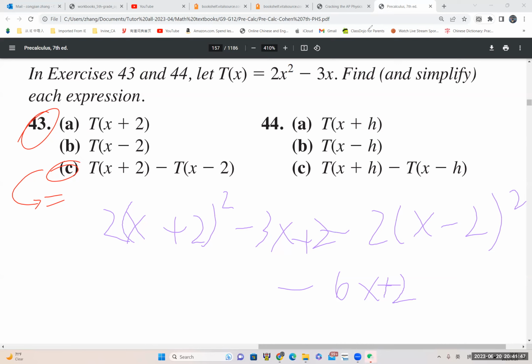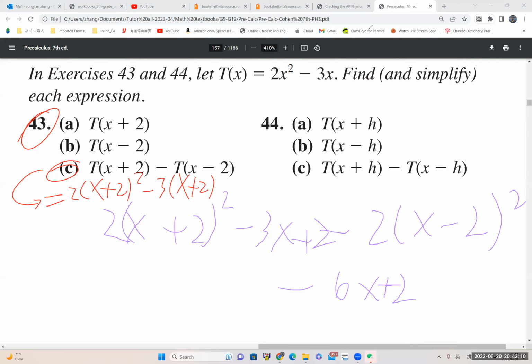This means some skills, right? So as I mentioned just now, write these two functions correctly. So t of x plus 2 is 2x plus 2 squared minus 3x plus 2. Am I right?